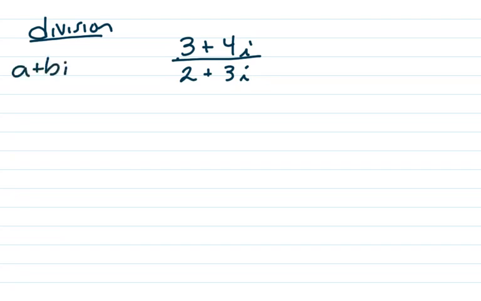Right now we have an i on the top and the bottom. It does not look like our a plus bi form. We need to make it look like that. And how we're going to do that is we're going to multiply both the top and the bottom by the complex conjugate.